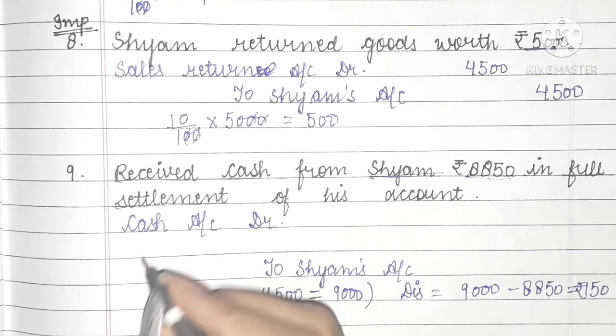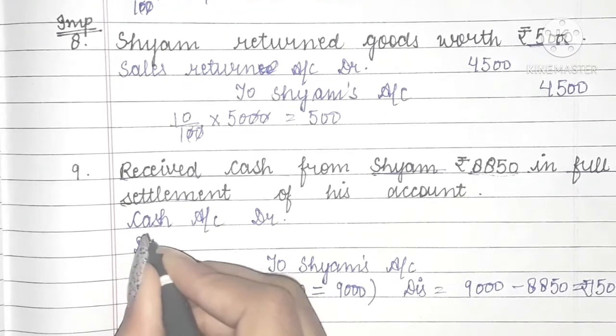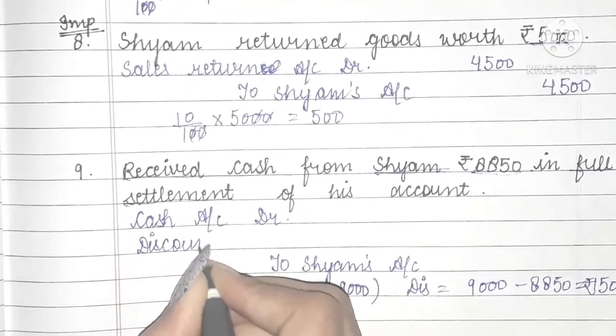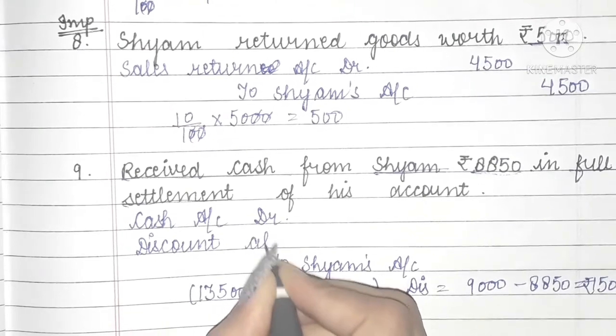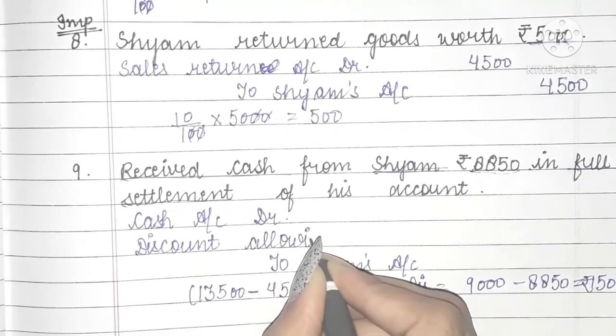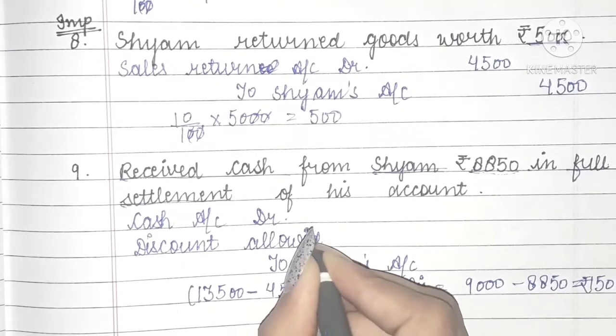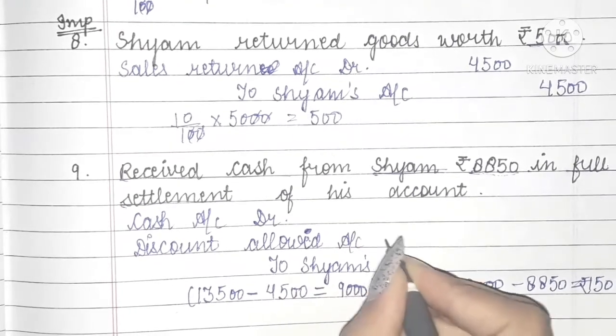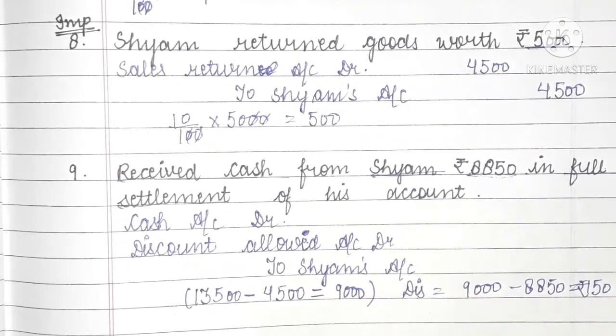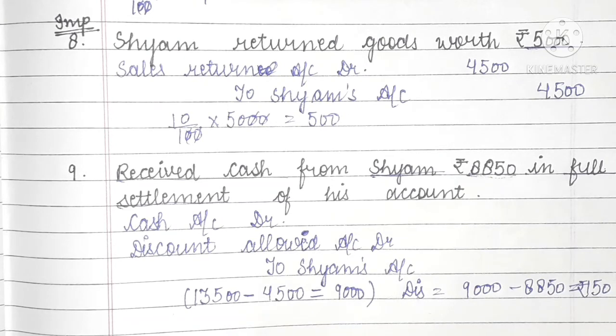So we will debit the discount. So discount allowed account debit. We are allowing the discount to Shyam.